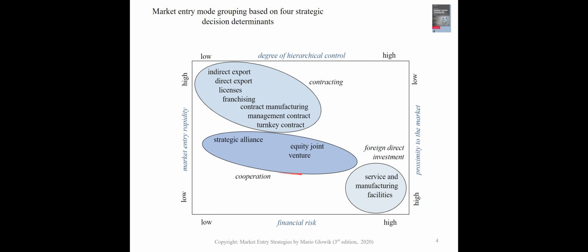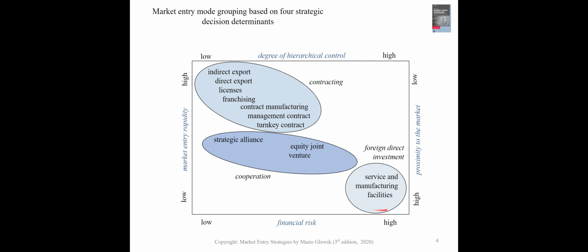And here we have the cooperation modes, hybrid modes also called. Here we tend to have a location rather in the middle, medium financial risk, medium market entry rapidity, medium hierarchical control, medium proximity to the market.